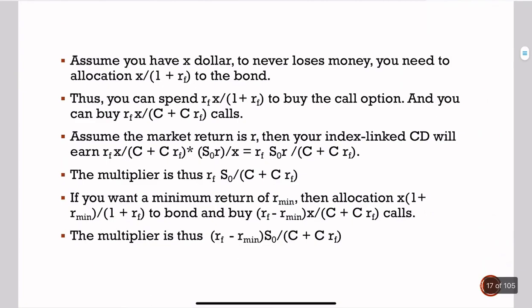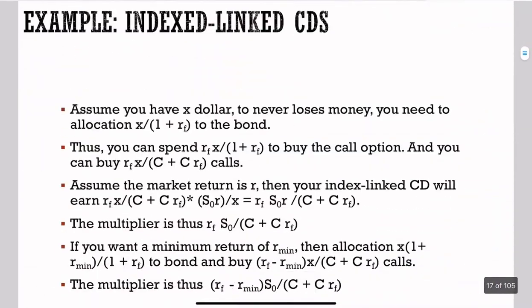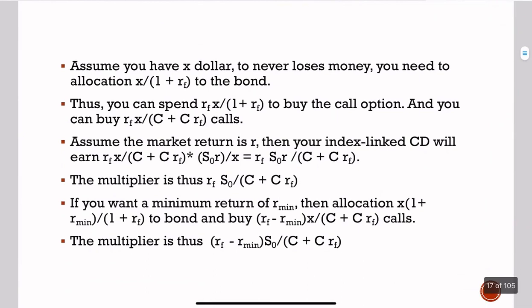So basically you can see that the lecture note gives you the answer here, which is that the multiplier is given by RF times the initial price of the market index fund divided by the call price plus the call price times the risk-free rate. You can see that the process is sort of like proving this.